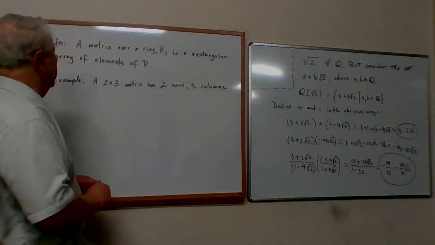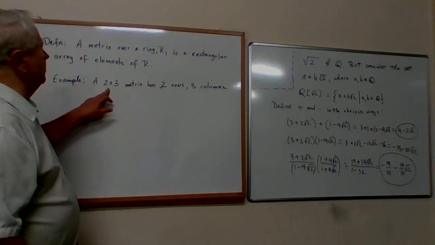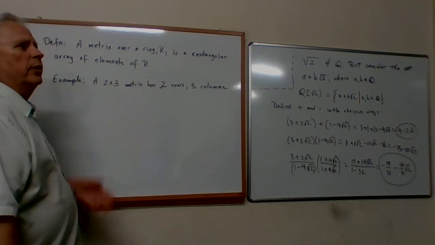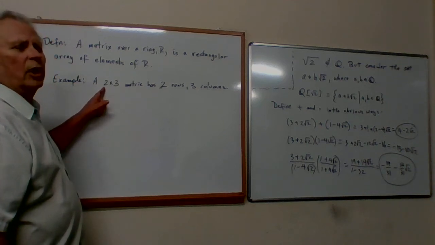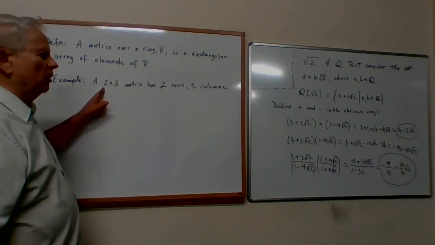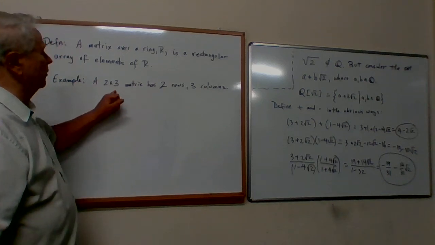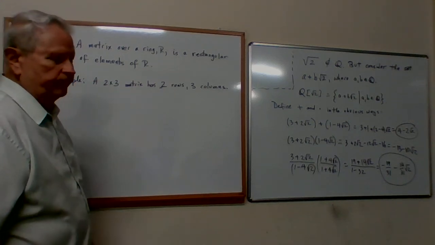In talking about the size of a matrix, n by m, the first of the two numbers is always the number of rows. The number of columns is 3.